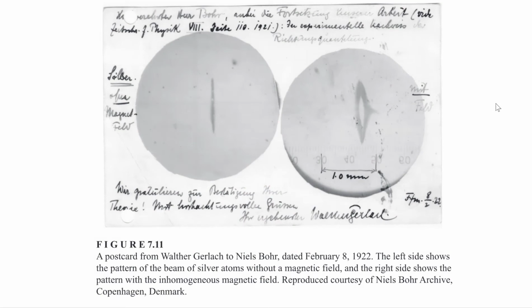Well, in 1922, Otto Stern and Walter Gerlach passed a bunch of silver atoms through an inhomogeneous magnetic field, and they came across some rather unexpected results. As we know, the silver atom has an electron configuration of 4d10 5s1.